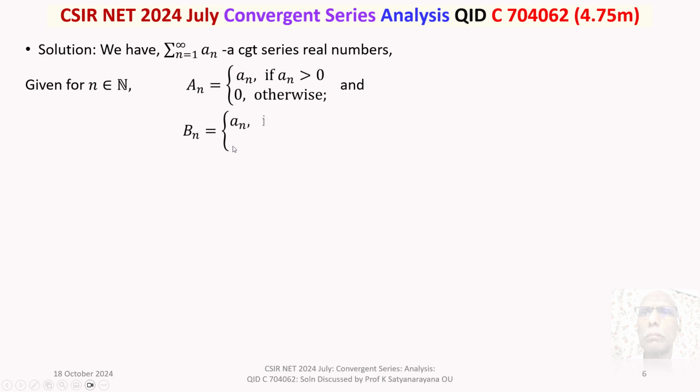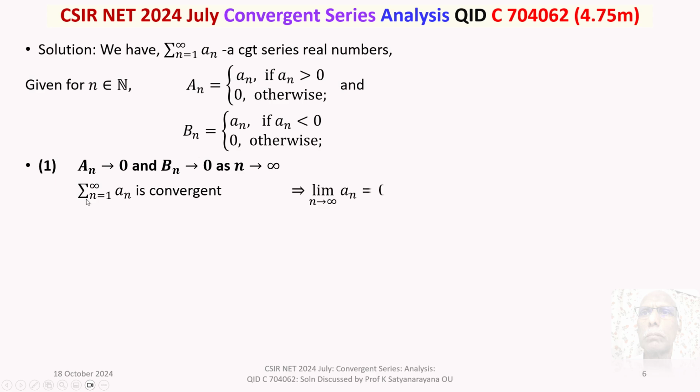Capital B n is equal to a n if a n is negative, is equal to 0 otherwise. So let's call upon the option 1. Capital A n tends to 0 and capital B n tends to 0 as n tends to infinity. Is it necessary that this will happen? Let's see.